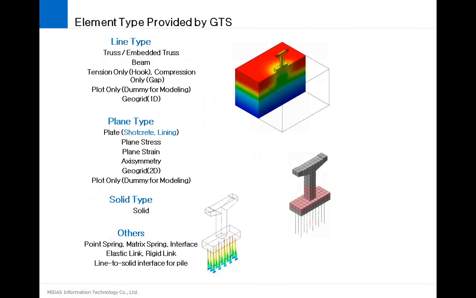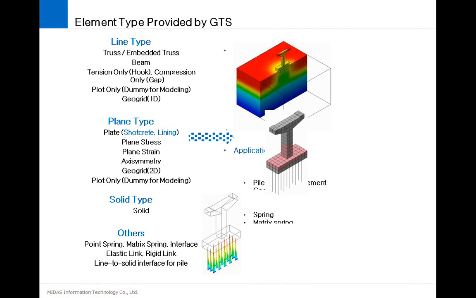So, the different element types provided by GTS. GTS provides the line type, which are mainly the truss and the embedded trusses, the beams, tension only and compression only elements, and the plot only, which is a dummy for modeling, and also the geogrids. Apart from the line type, GTS also provides the plane type and the solid type, and covers others like point springs, the matrix spring interface, elastic length, and the rigid lengths.